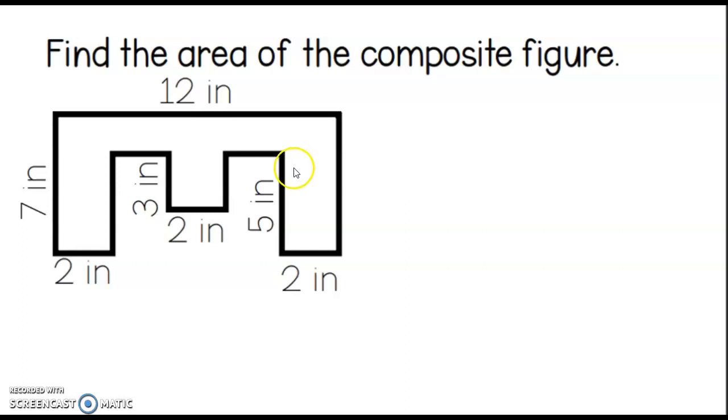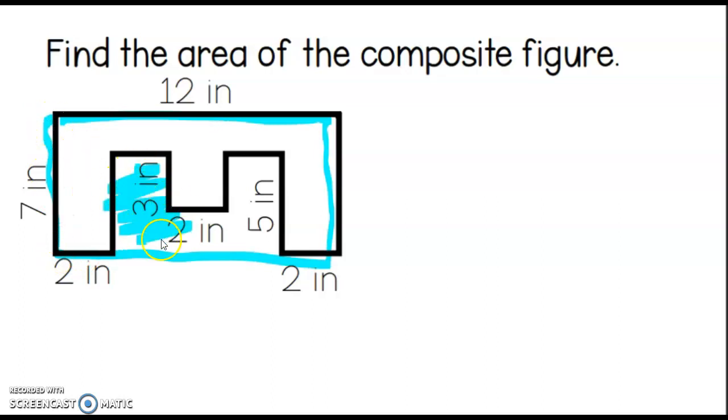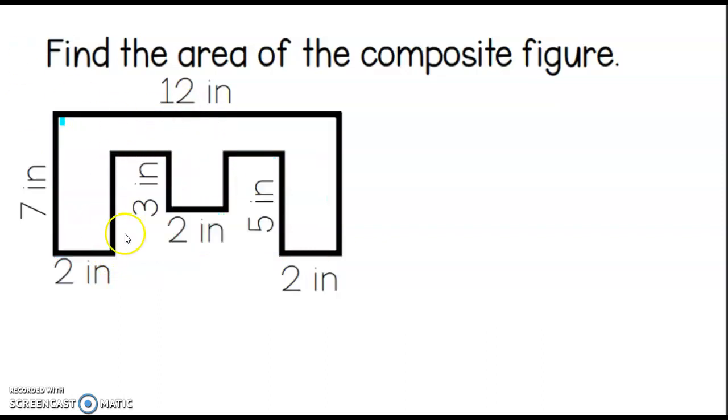For example, you can maybe find the area of this whole square and then cut out or subtract these blank spots. You could do that if that's how your brain wanted to work. But there's a couple of ways that we can go about doing this, so we can cut it up.